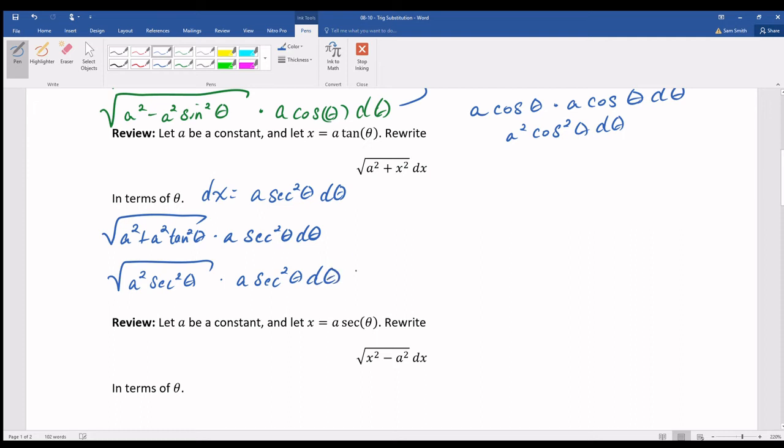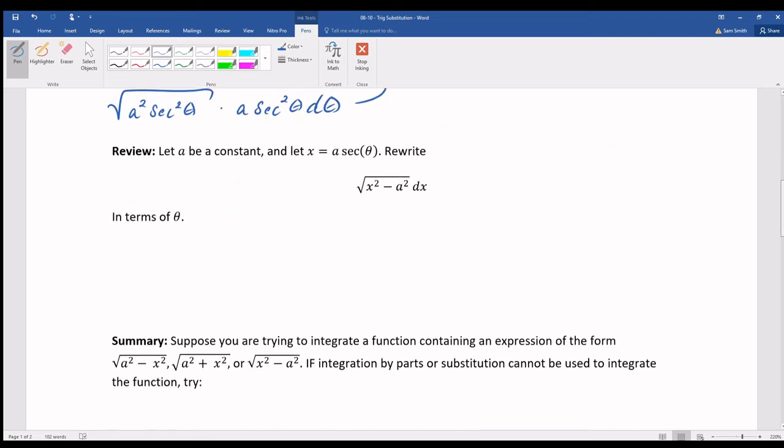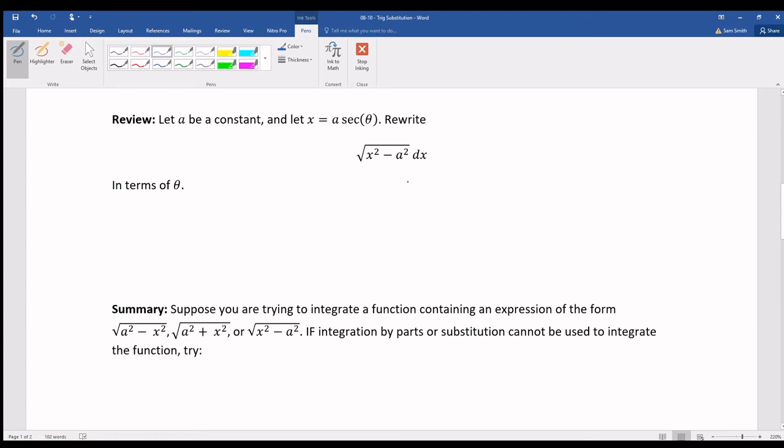And after simplifying that, we get a squared secant cubed theta d theta. Another much simpler expression than what we had before, because there is no square root and plus sign combination.